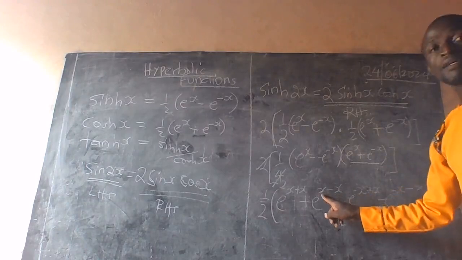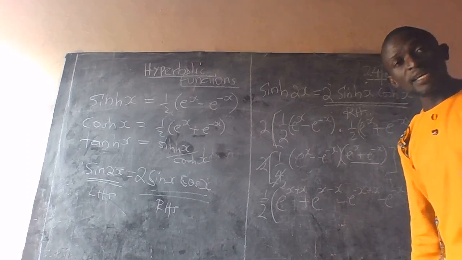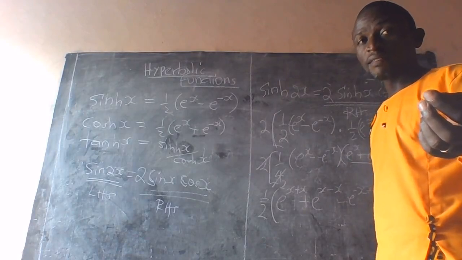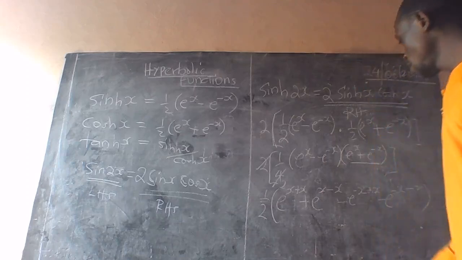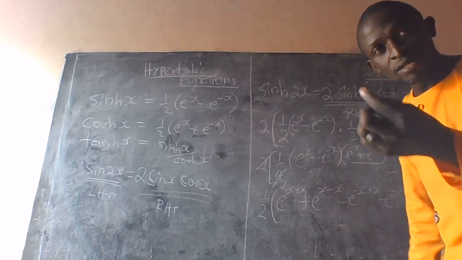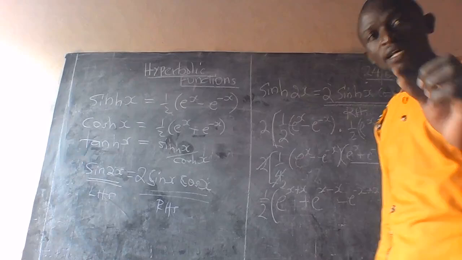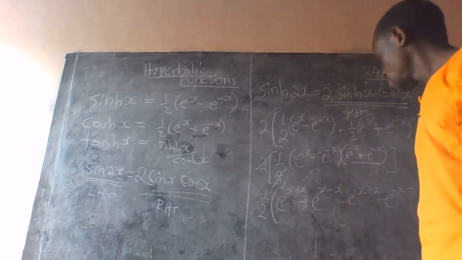So if you see clearly, x minus x gives us 0. And any number power 0 is, what is it, class? 1. It is 1. Any number power 0 is 1. And I told you last time when I was in class that when you raise a number to 0, then that number becomes 1.